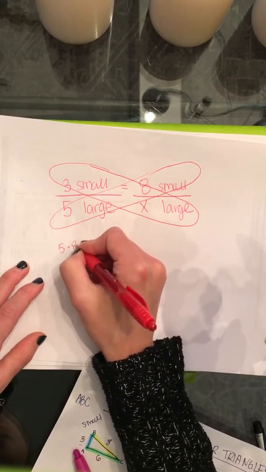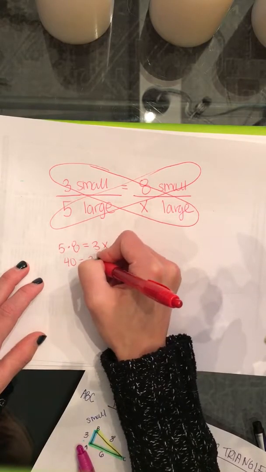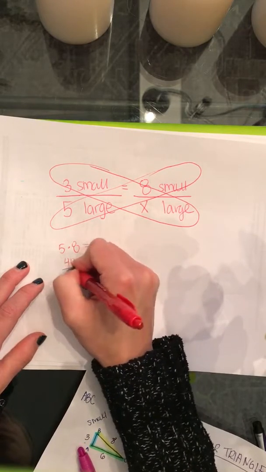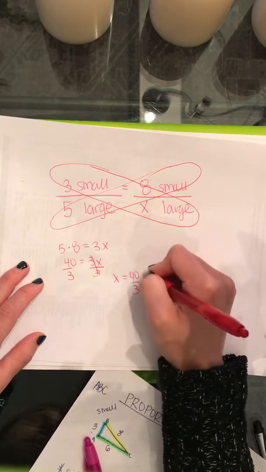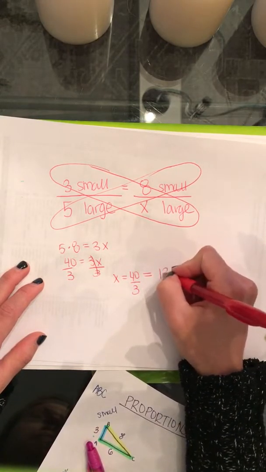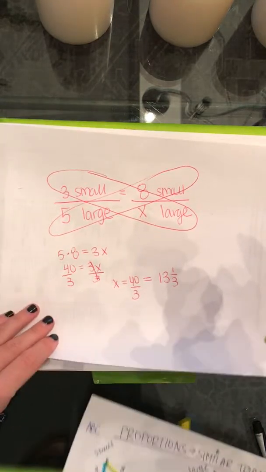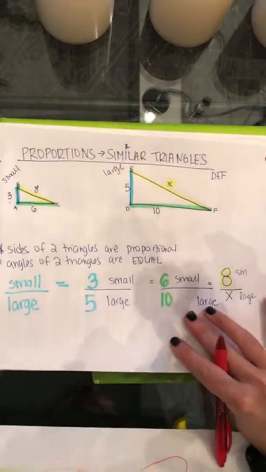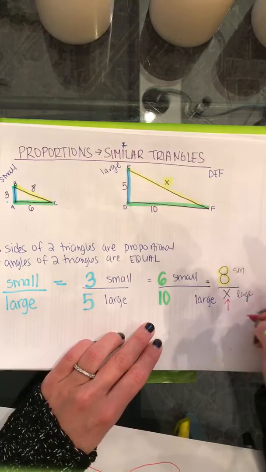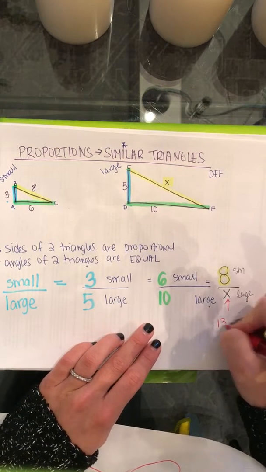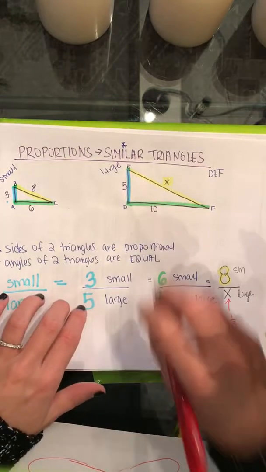So 5 times 8 should equal 3x, which means 40 equals 3x. Divide by 3, we get x equals 40 over 3, which equals 13 1/3. Therefore, our x right here should be 13 1/3.